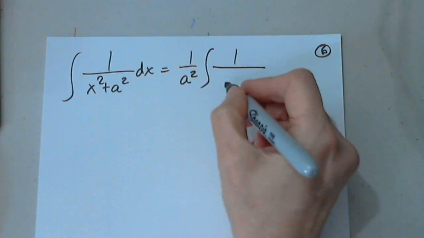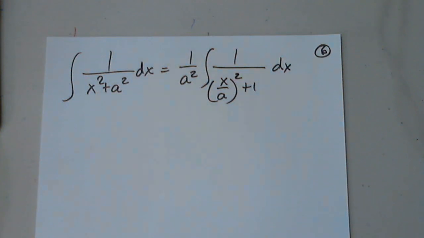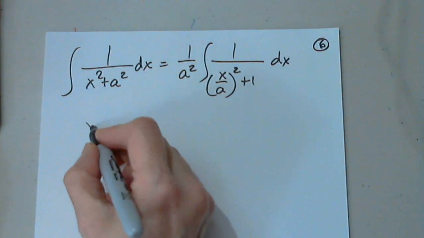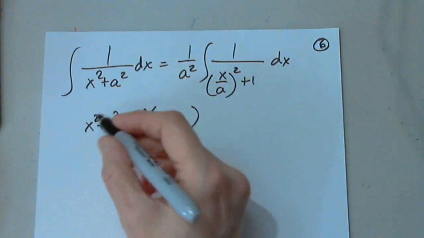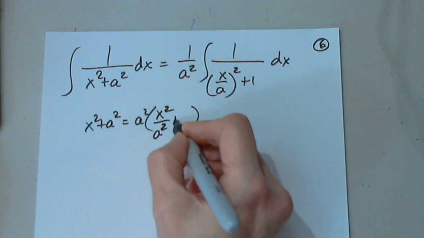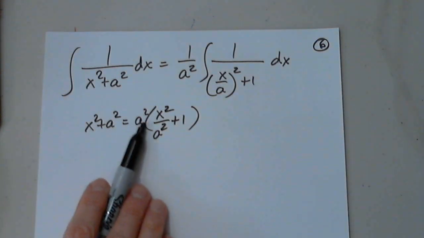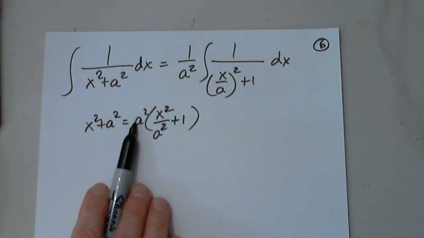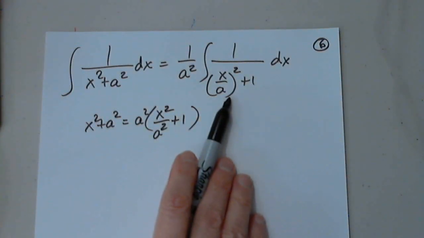So then what I have now is x over a everything squared plus 1 dx. So how did we do this? x squared plus a squared, if I factor out a squared, then I have x squared over a squared plus 1. Let's check. This times this is x squared, and then a squared times 1 is a squared. That's how I got this.